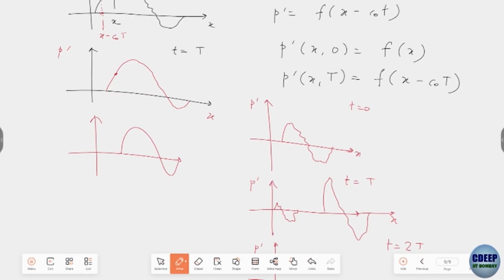So if this is p prime at t equal to t0, and this time f is equal to 0, then at a later time this would have moved somewhere here. So it should be a consistent speed, c naught. So this is the g function, because if you put t equal to 0 in the g function, then this is what you will get, p prime is equal to g of x.